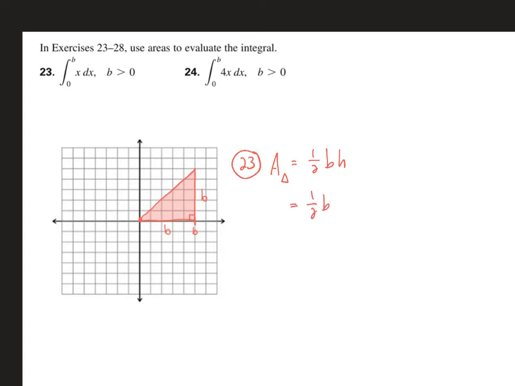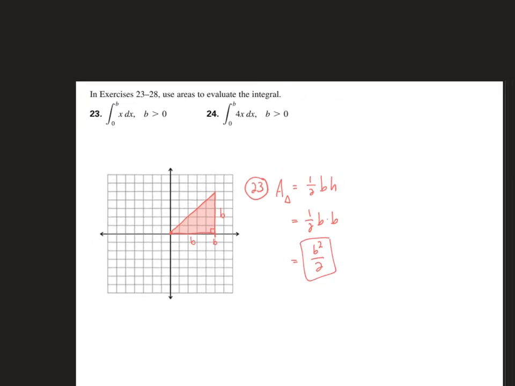The base and the height are both b, so it's just b squared over 2. That's it. This is called an accumulator function, well, actually not really a function because b is a constant. Never mind. This is just finding the integral where one of the limits is defined as a constant instead of an explicit number.